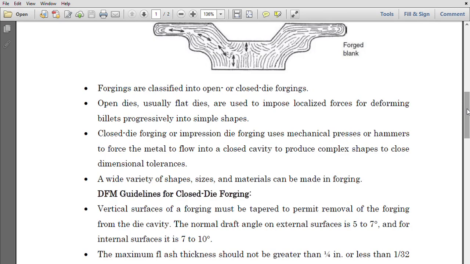One is the fixed die and another one is the movable die. We can give localized deformation to the billet by applying a pressure between the dies, and the material is made to flow in the gap between the dies. So we can get complex shapes and with close dimensional tolerances using this forging.